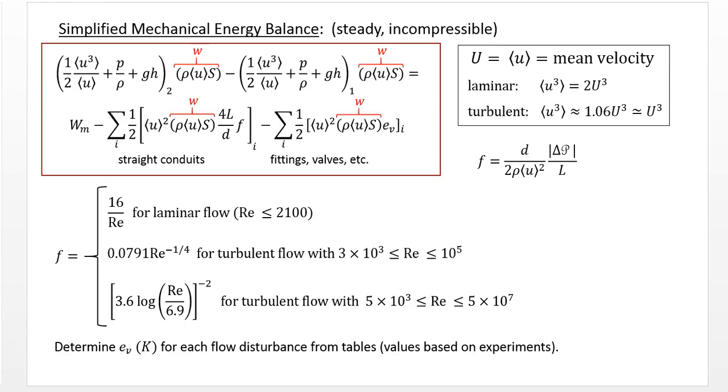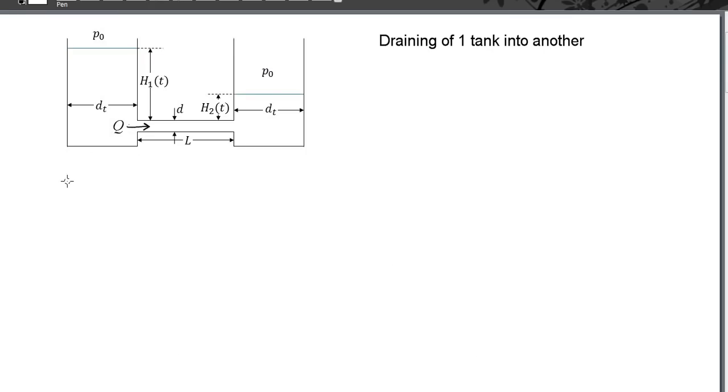So we'll return for a moment to our diagram. We'll write out our equation. So we have one half the average of u cubed at position 2 divided by the average velocity at position 2, plus P2 over the density rho, plus g h2, multiplied by the mass flow rate W, which will be Q times rho.